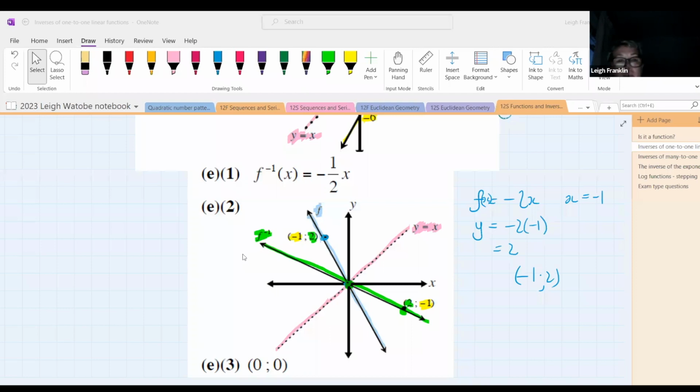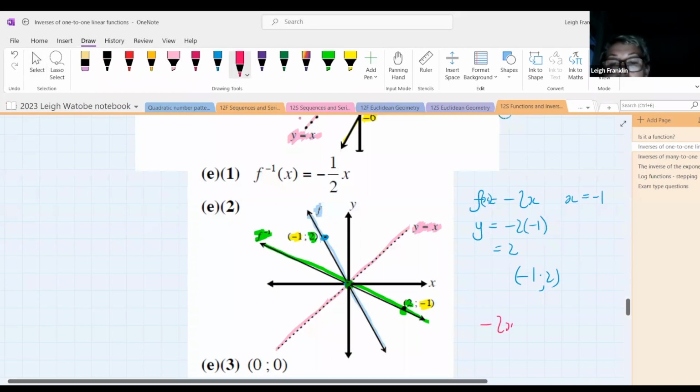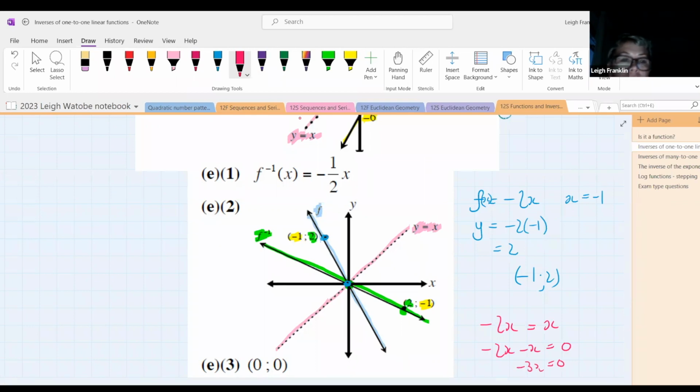If you wanted to calculate that, you could: if you took minus 2x and made that equal to x, and solved for x, you'd have minus 2x minus x equals 0. In this case you'd still end up with the origin. But it's not even necessary to do a calculation for that. You know that they're going to intersect at the origin. Let's just go down and see if there are any other questions.